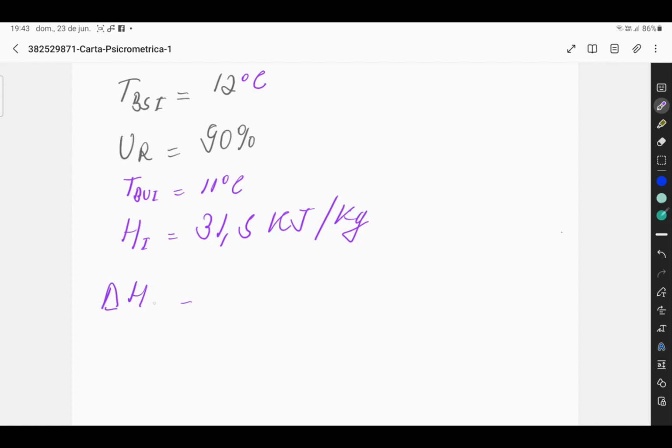Delta H equals 47 minus 31.5 in kilojoules per kilo times my mass flow rate, which is 3,991 kilos per hour.